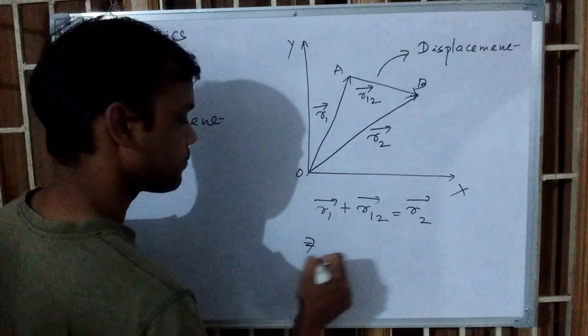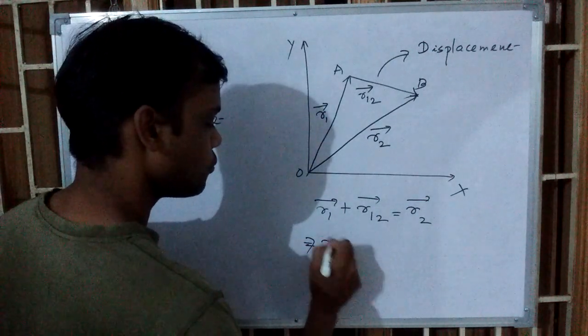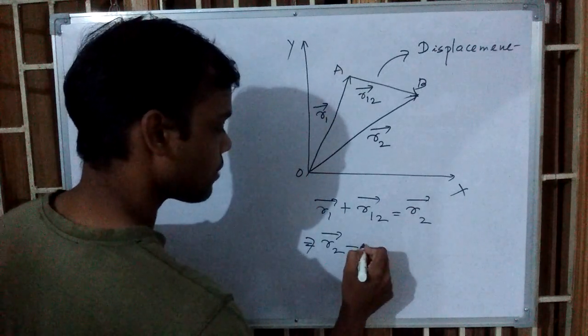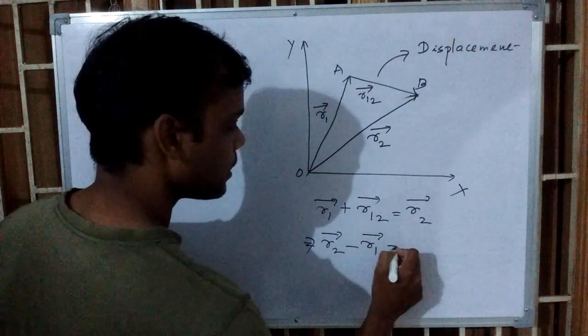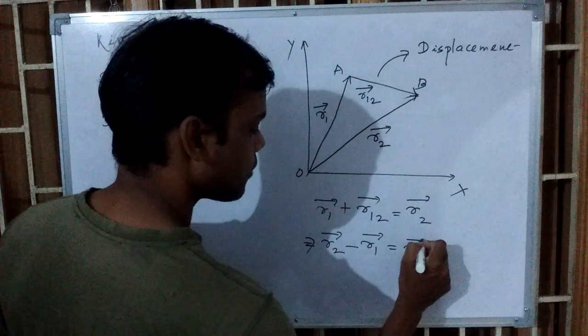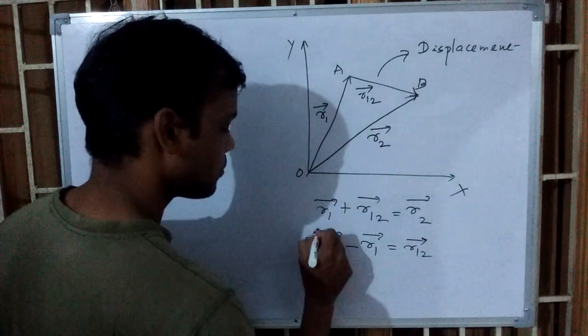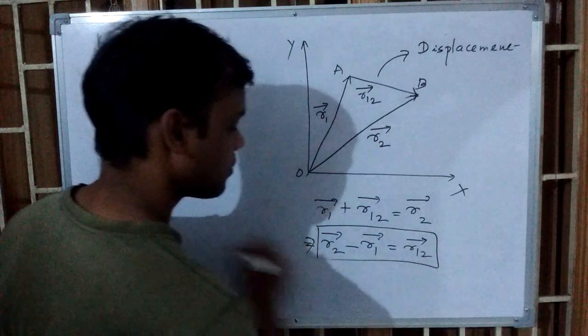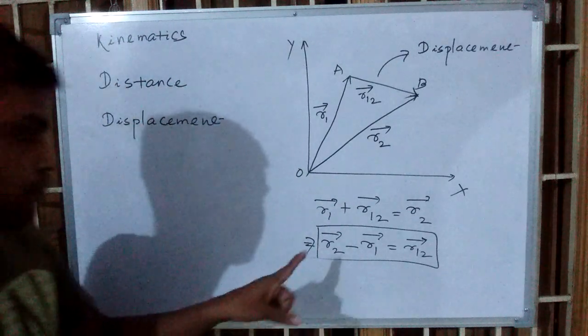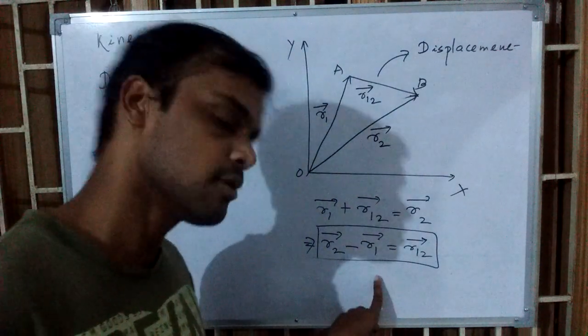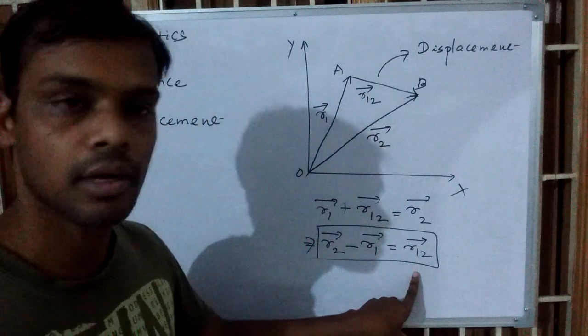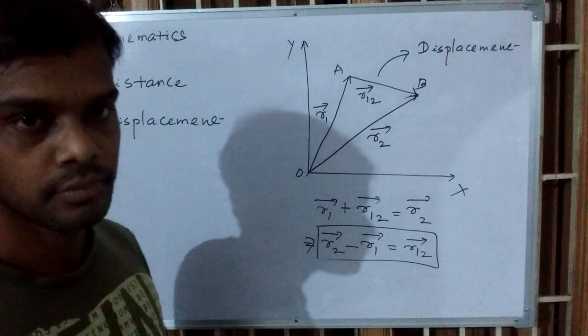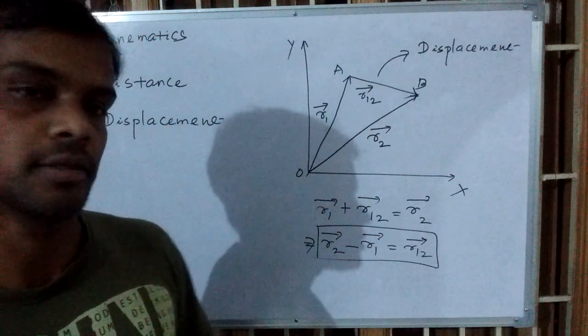This implies R2 minus R1 is equal to R12. That means final position minus initial position is equal to displacement. Okay, this is your displacement definition.